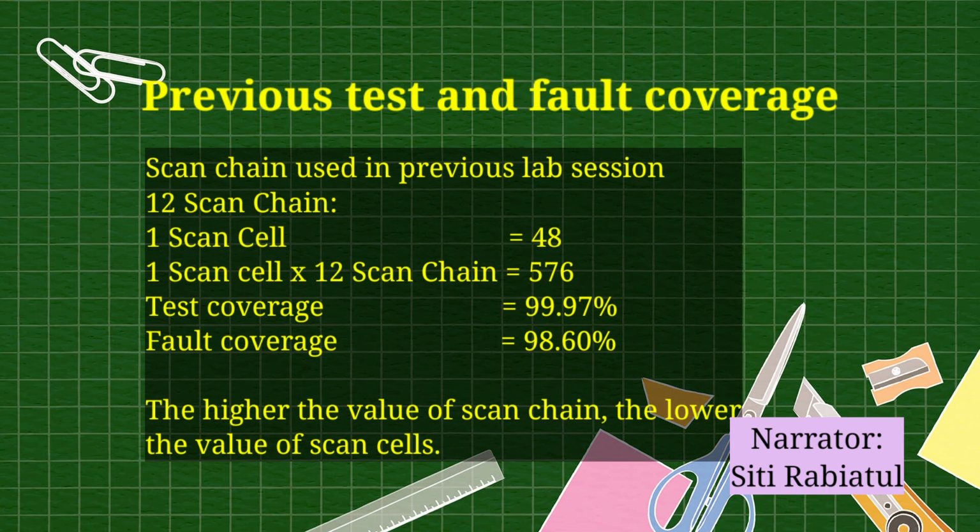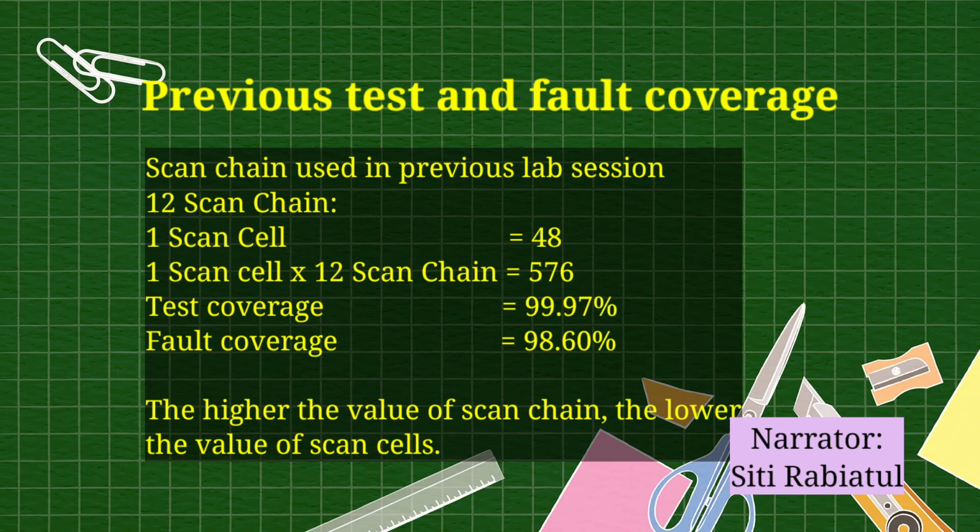For test and fault coverage, the values used in the previous lab session were 10 and 12 scan chains. The difference between the two values is that the higher the number of scan chains, the lower the number of scan cells per chain.